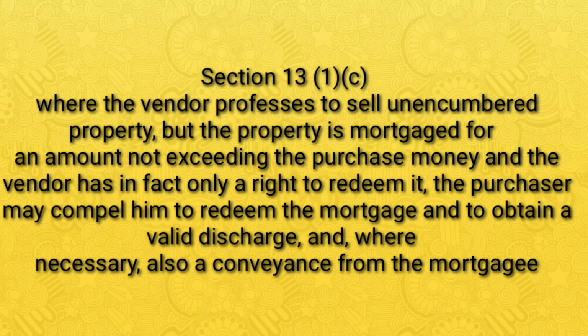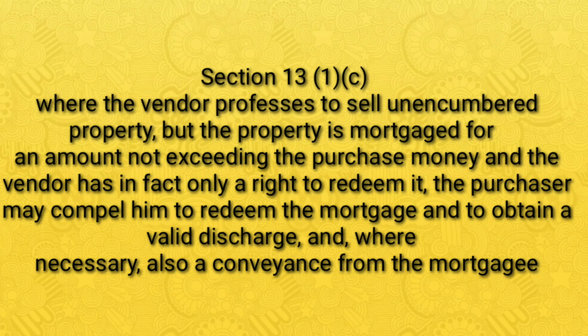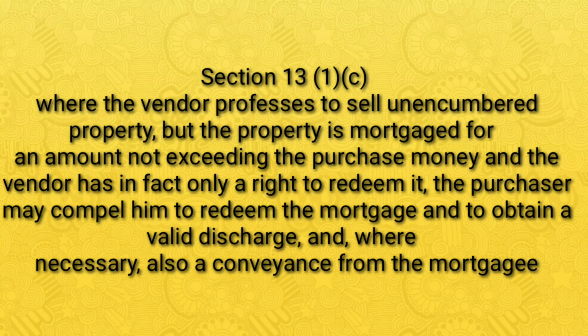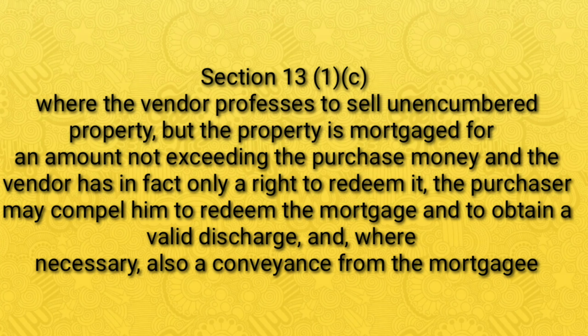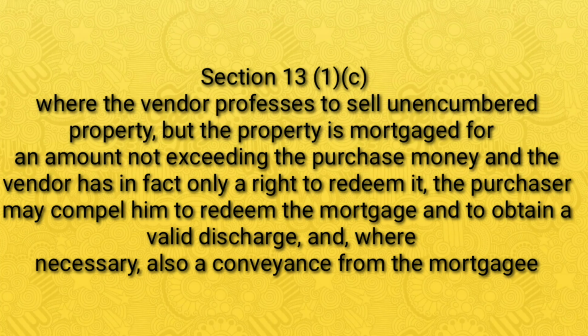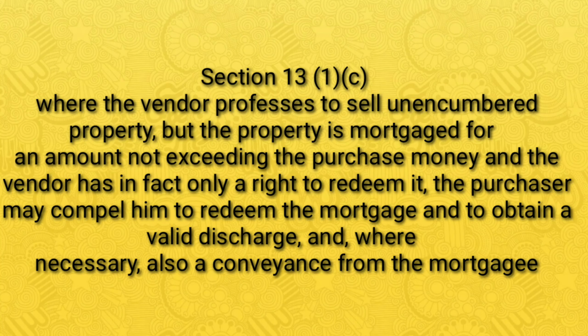The vendor is professing or representing that the property is unencumbered. Unencumbered means there is no charge or loan or mortgage on such property. He is professing that, that means representing that the property is free from all charges.